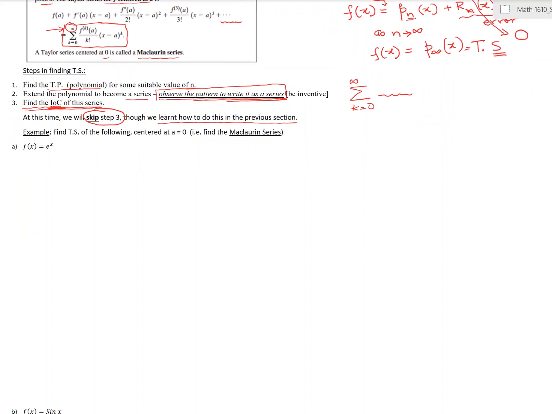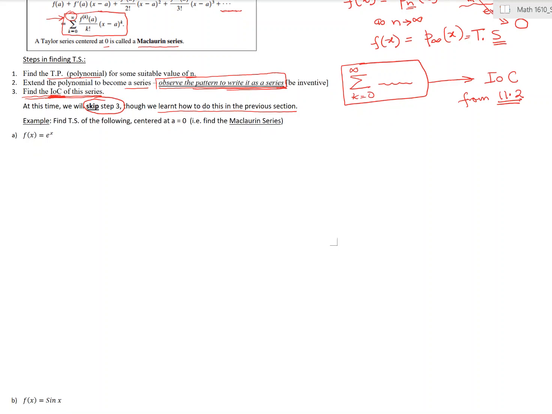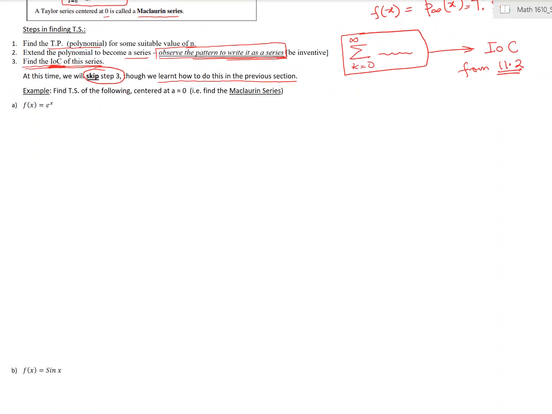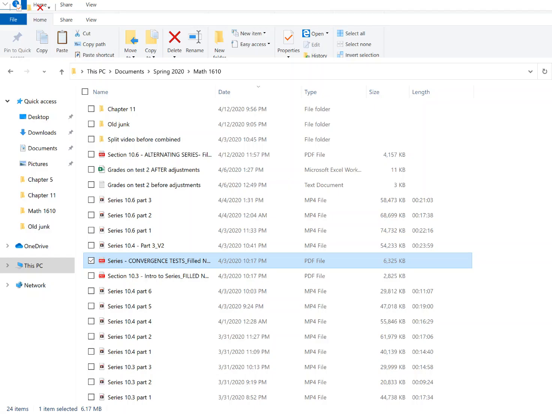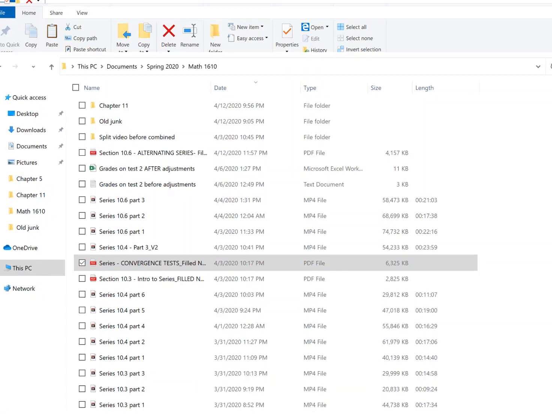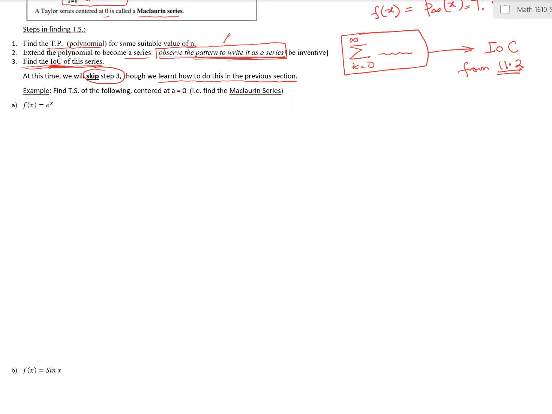So once we have a Taylor series, we can always find the interval of convergence, and that's what we studied in section 11.2. Okay, so actually there's going to be almost nothing new here except for how to observe the pattern.